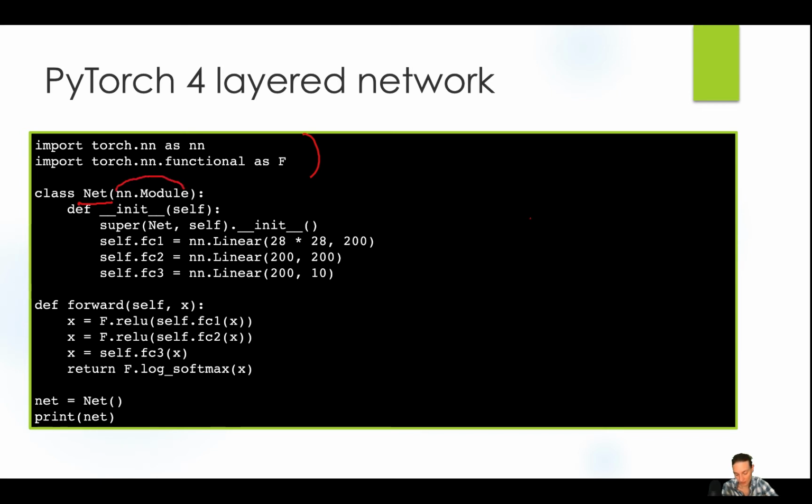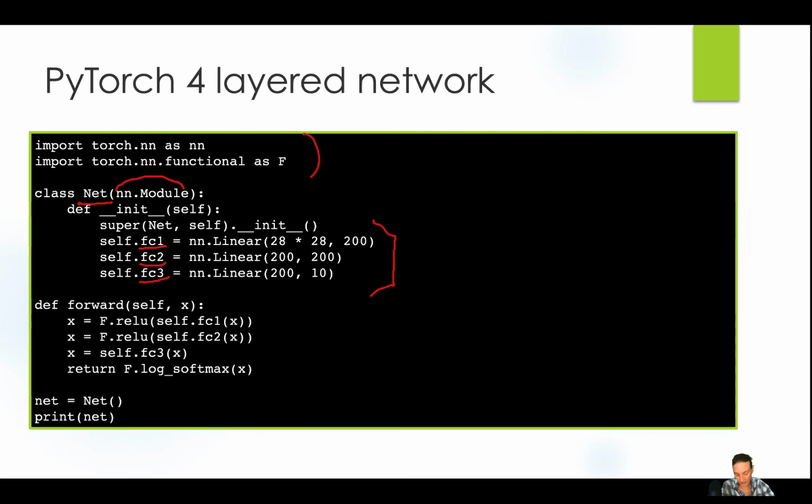It always starts with an init function in which you define what type of layers you're going to be using. In this case, I'm going to be defining 3 fully connected layers. Fully connected layers are the types of layers we just saw. That means each node is connected to all of the nodes of the previous layer, fully connected.